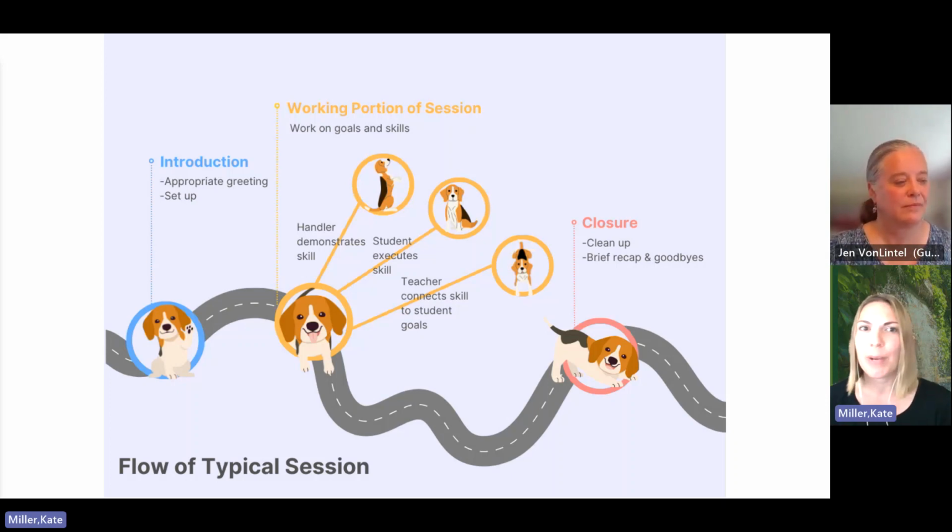But the thing I like to point out here is that we very intentionally used this flowing road with a lot of curves and detours because it really doesn't tend to unfold as this really strict, like we are doing the introduction now, and now we're doing the working. The closure might be a little bit more formalized, but it really does all flow together. It's not this regimented thing. So that's just what I wanted to point out here. And then, like I said, we'll see some more examples of this.